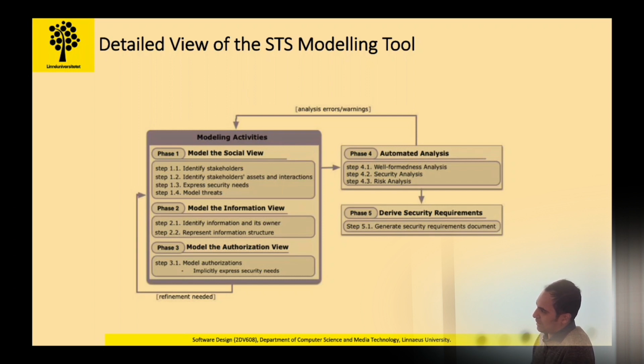And if you think that some objectives or some goals can still be added and you might want to refine your model, you can always go back to phase 1 and continue phases 1, 2, and 3 until you are satisfied. Once you are done with the modeling activities, you specified first of all stakeholders, then their documents or assets, their interactions.